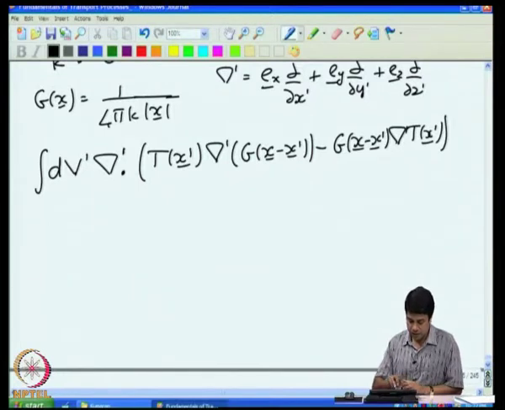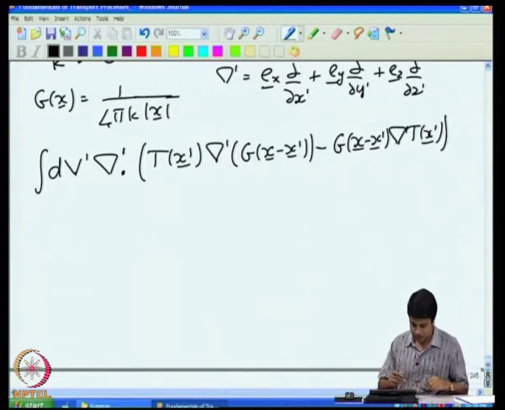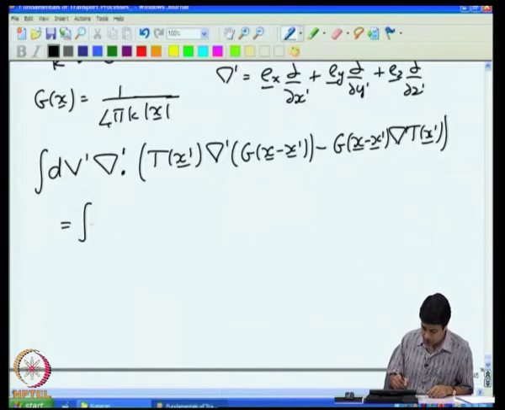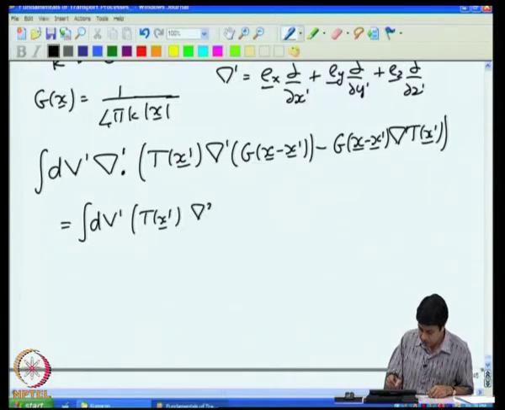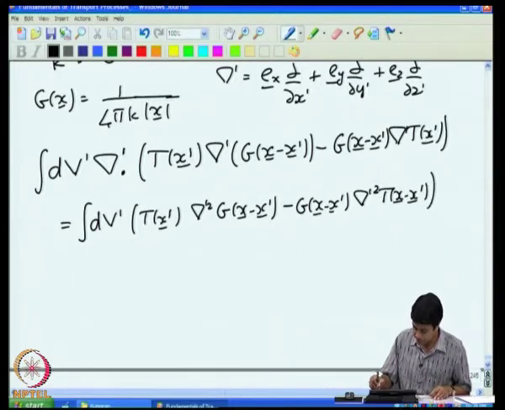I have divergence of 2 terms here and 2 terms on the right hand side, which I can expand out using the product rule. So, this thing is equal to integral dV prime of T of x prime del prime square G of x minus x prime, minus G of x minus x prime del prime square T of x prime.